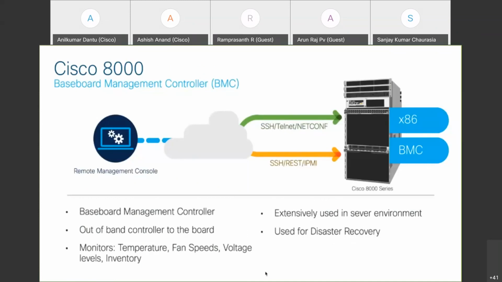That is one way. Apart from that, there is a dedicated BMC interface on the RP, which you can allocate an IP and have an external dedicated connection to the BMC. So there are two ways you can connect to the BMC interface.